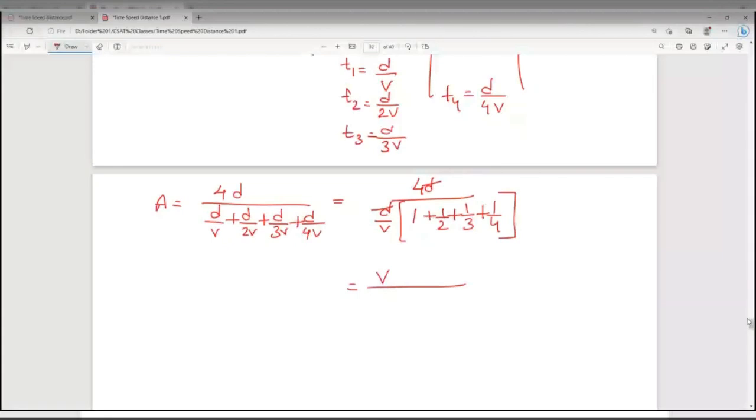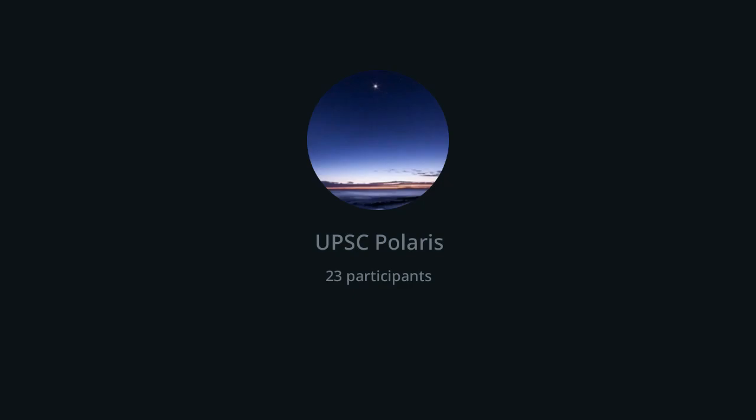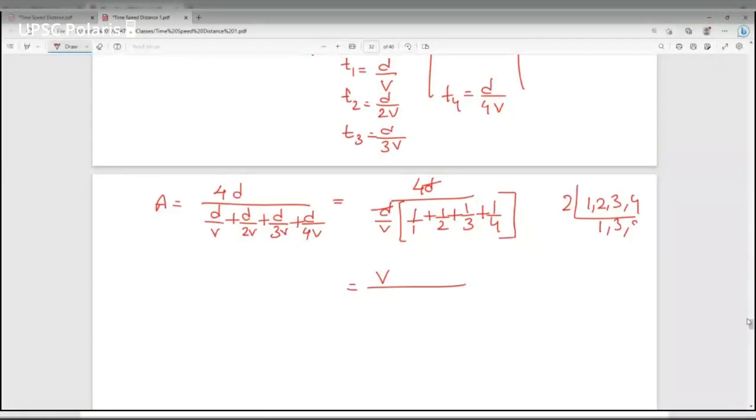How to find the sum of the fractions? We need to find the LCM of 1, 2, 3, 4. Dividing by 2, 1, 2, 3, 4 gives 1, 1, 3, 2, and then dividing by 2 again, so 2 into 2, 4, into 3 is 12.